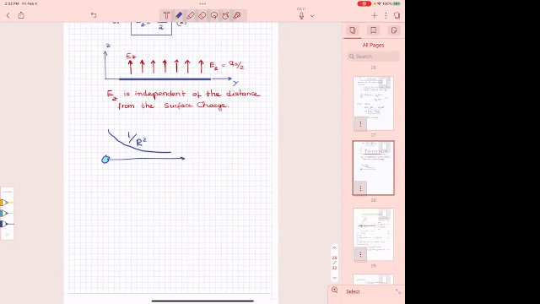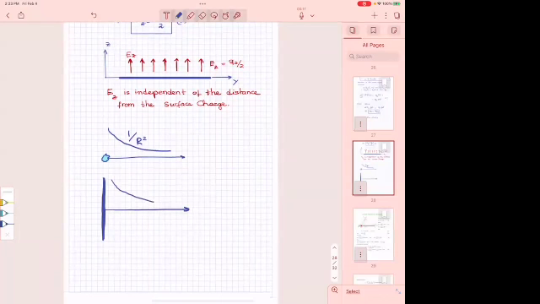If the charge is an infinite long line, or long enough, let me say this way, for the purposes of our class, say infinite long, and it's given by this, the charge, then if this is the distance from the charge, the field goes down, not exactly the same way. Let me make this faster. Like this. Okay, and this one does not go down as fast, goes as 1 over R.